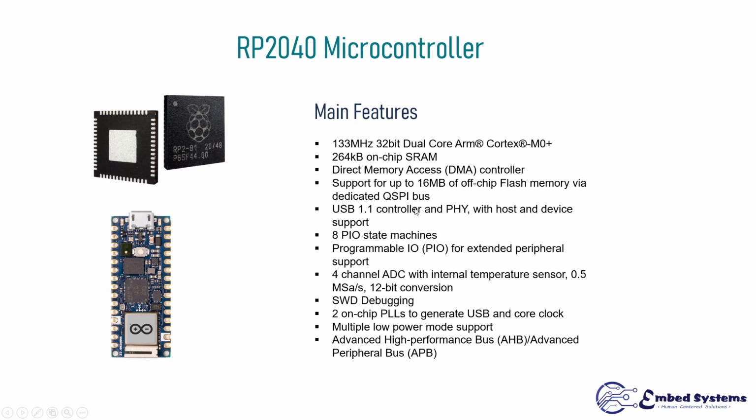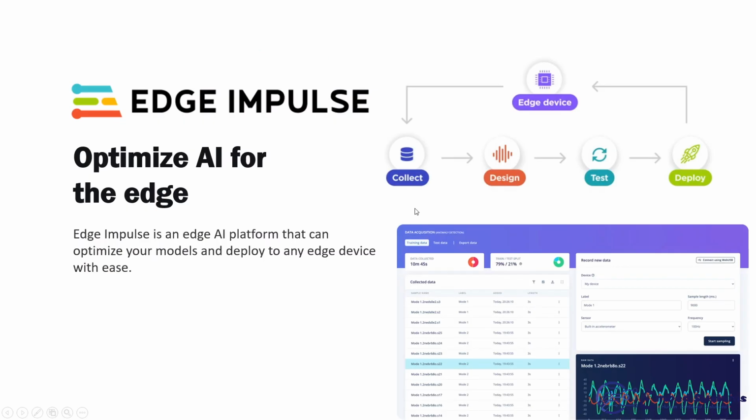Edge Impulse, the platform we are using here today, is an AI optimizer for edge applications. It can optimize large models and then deploy them to any edge device in a very simplified manner.